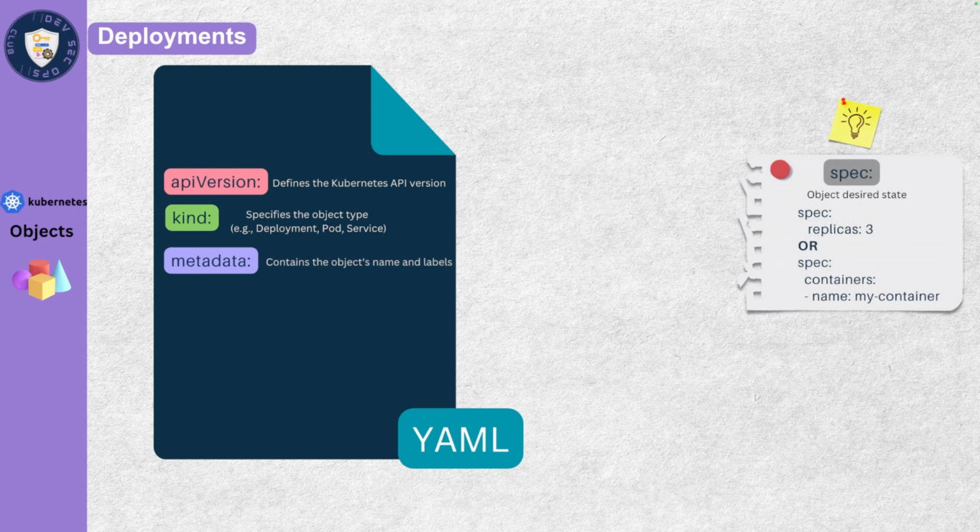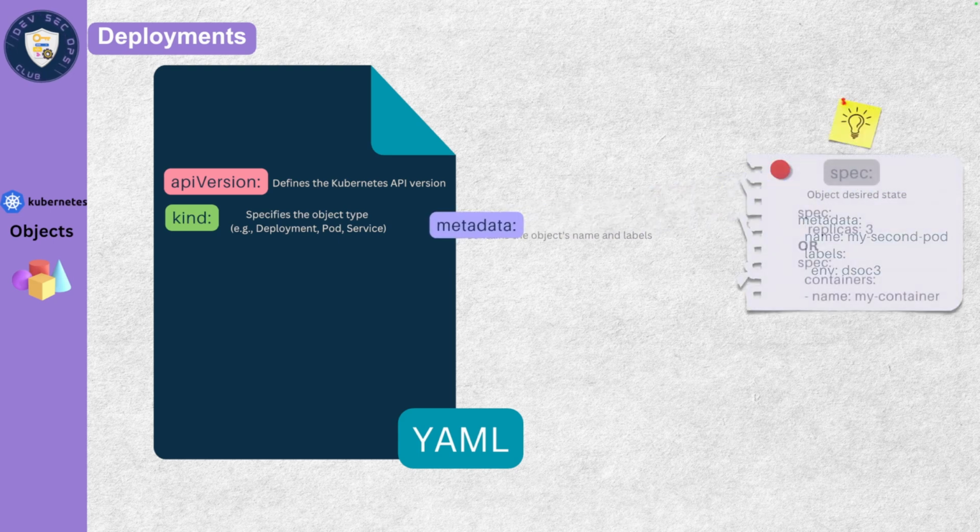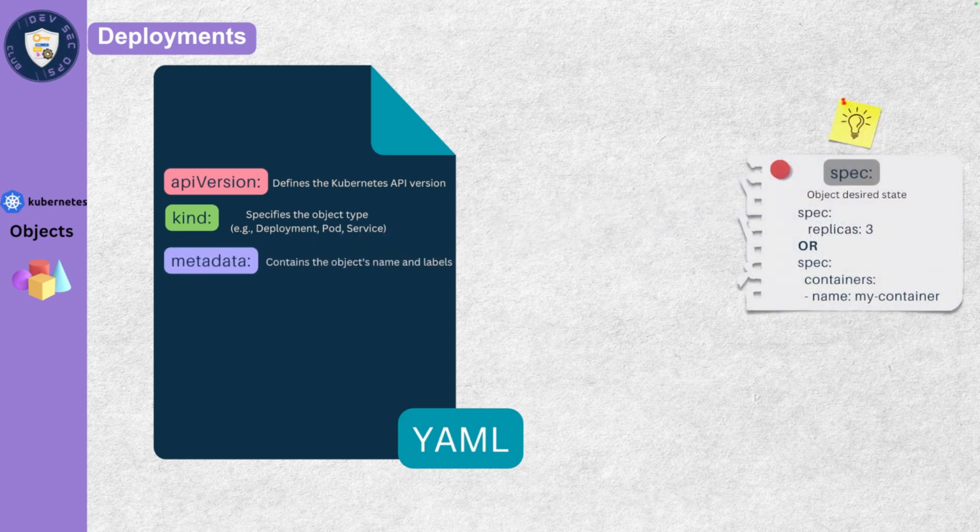First thing is apiVersion, where you define the version. Second thing is kind, where you define what object you are going to create. Then metadata, where you know the name. And then we have spec. In the spec section you specify the object's desired state.